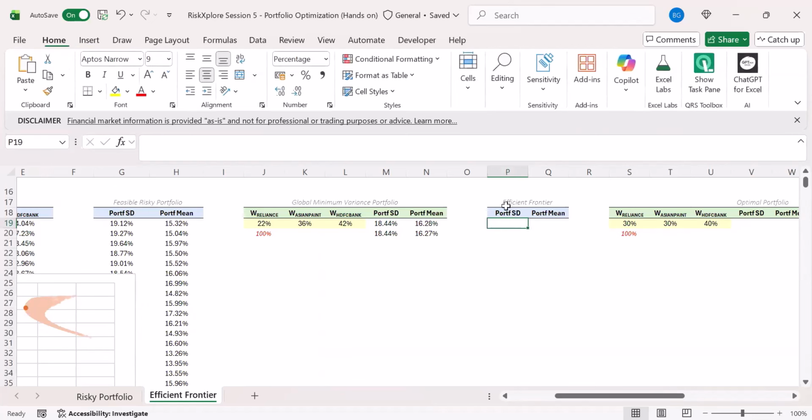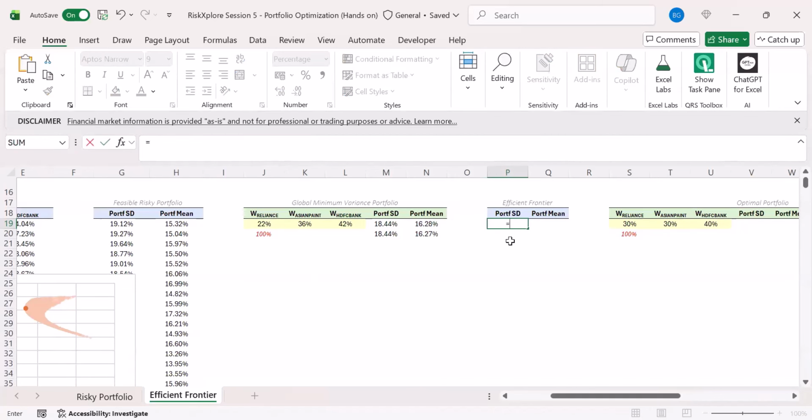So now let's find the efficient frontier as well. Let's plot the efficient frontier. How do we do that? Equals, we will say that if the portfolio mean is less than this portfolio mean, then that is not part of our efficient frontier, so we will get an error here.